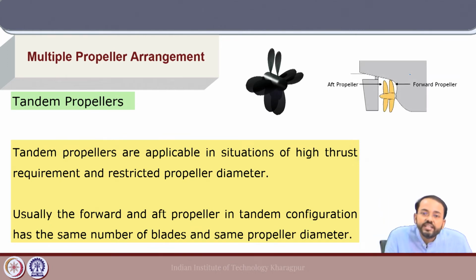Here we have a ship with a tandem propeller fitted at the stern, and the forward and the aft propeller are mounted on the same shaft and being rotated in the same direction.